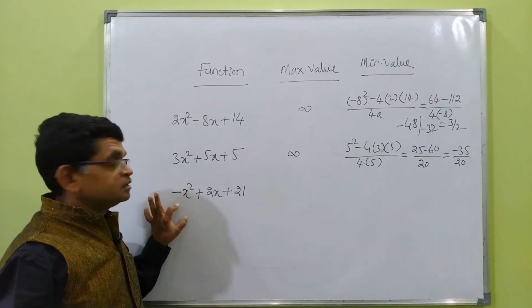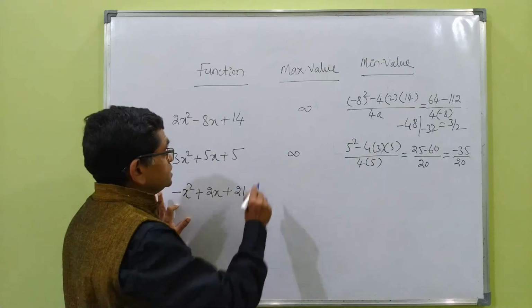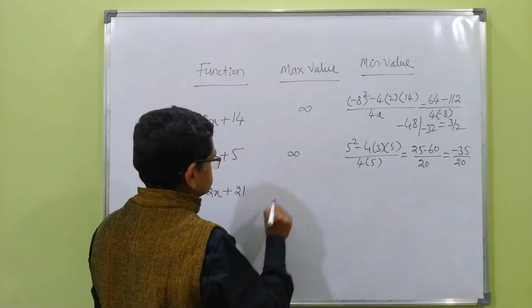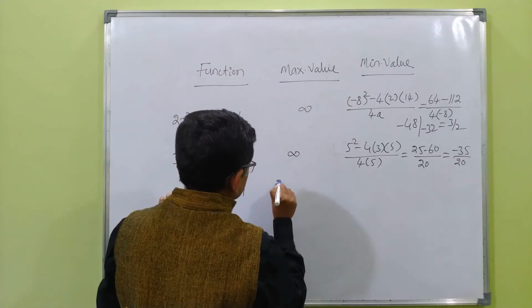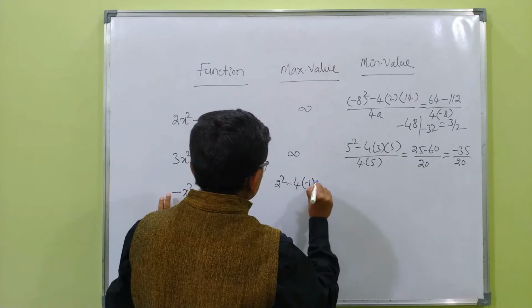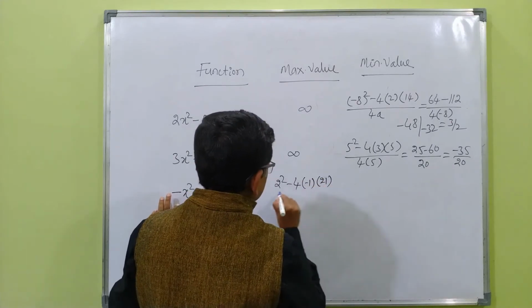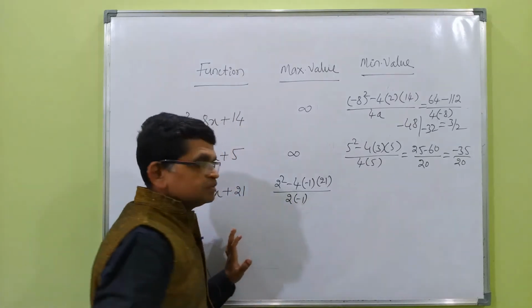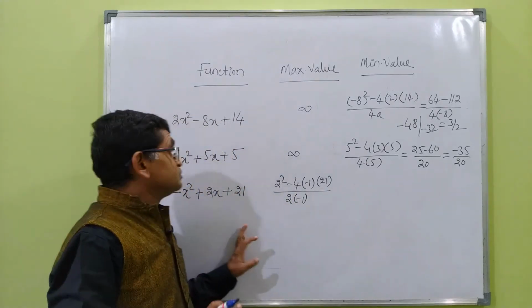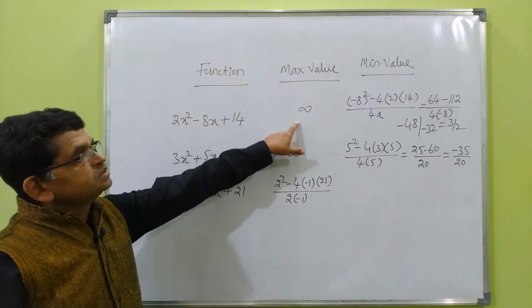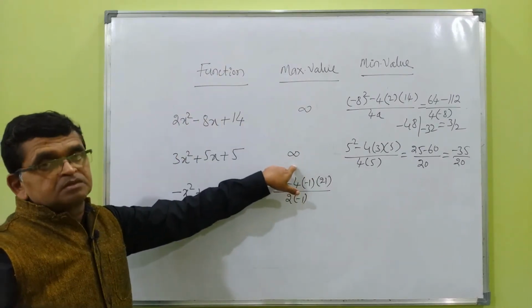Here a is negative. A is negative means maximum value will be b square, 2 square minus 4ac, 4 into minus 1 into 21 divided by 2 into minus 1. I am applying that rule, nothing else. I am going to check only a values. If it is positive, maximum value is infinity.